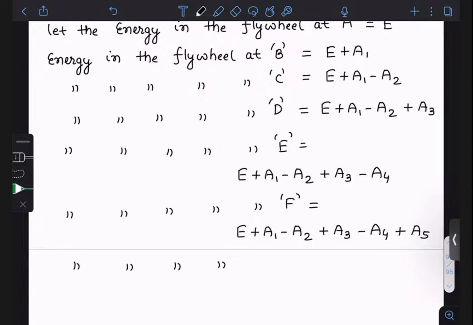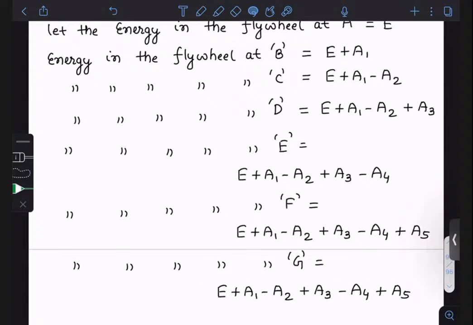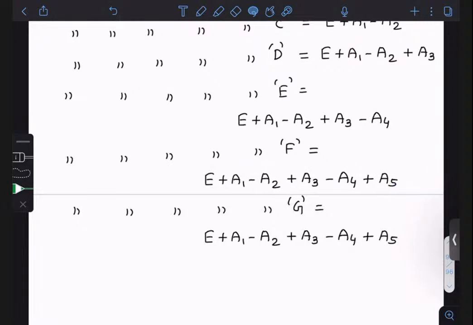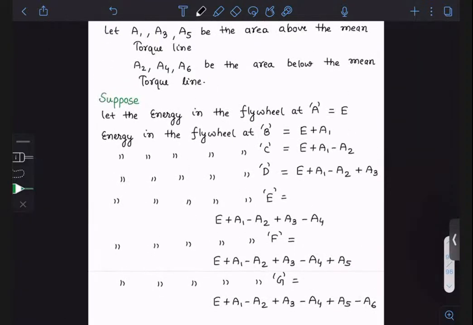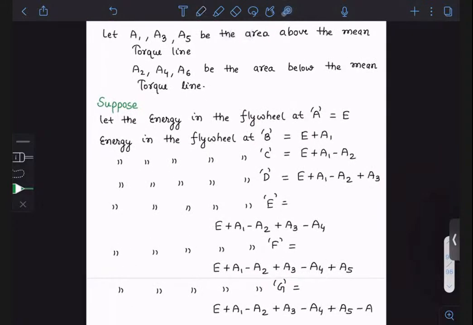Energy in the flywheel, right, minus A6. Correct. I have written all the energy, everyone. Please write this, all this part, everyone write. Very important. Key, that is the energy stored at all the points A, B, C, D, E, F, G. Right. This is how.